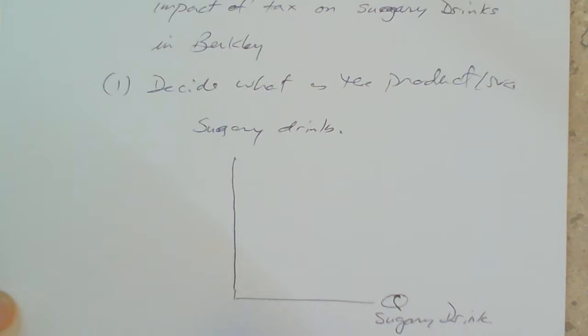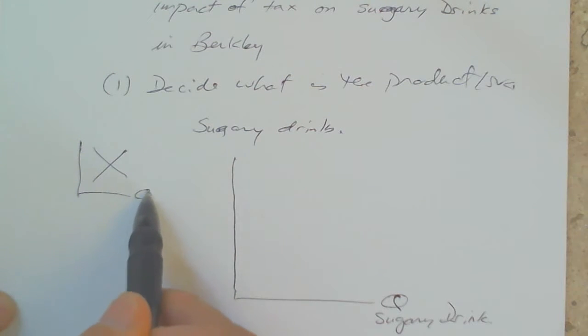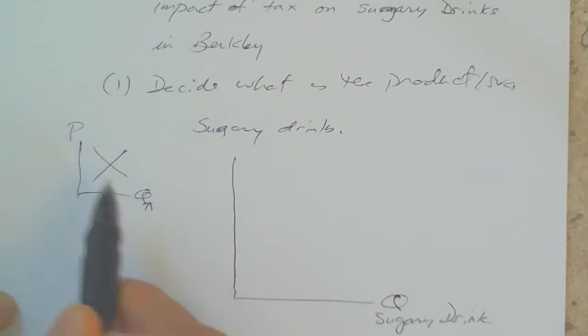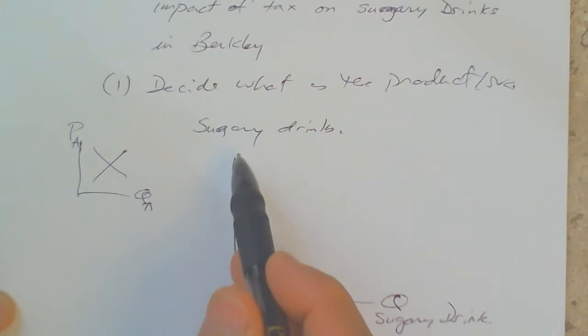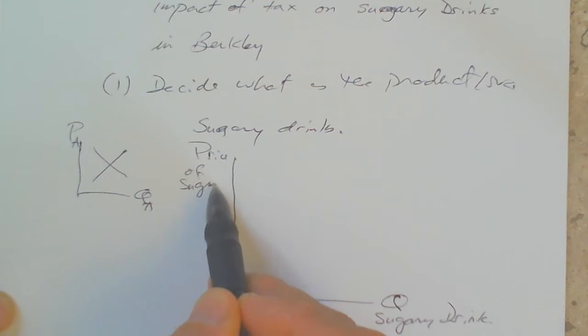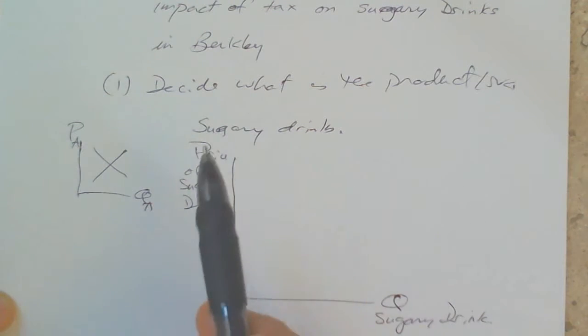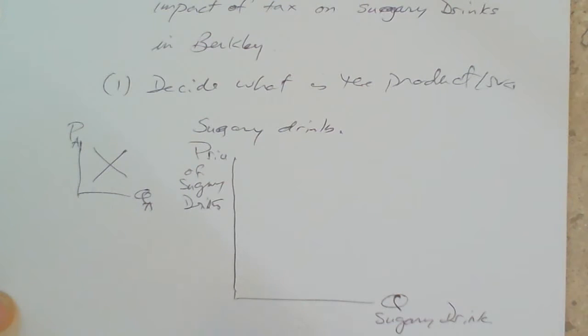The market model that takes supply and demand is the relationship between quantity and price of the same good. Whatever you decide, the vertical axis would be the price of sugary drinks. If this was patient care, this would be the price of patient care.